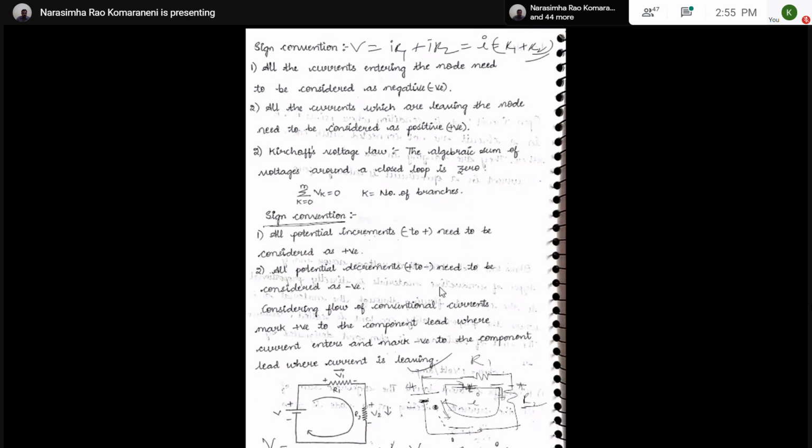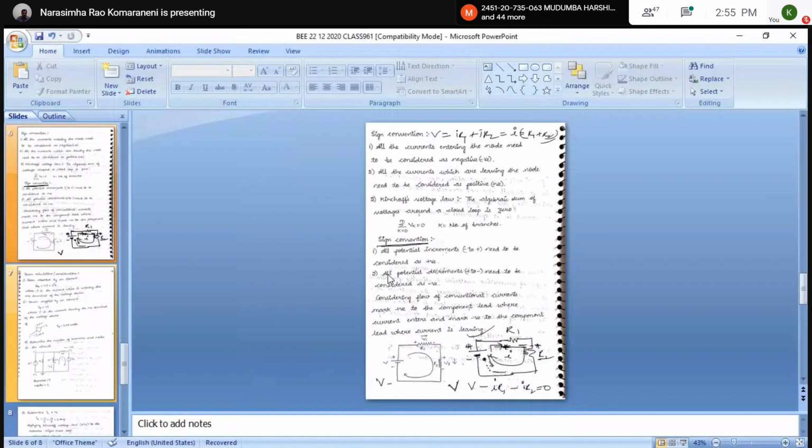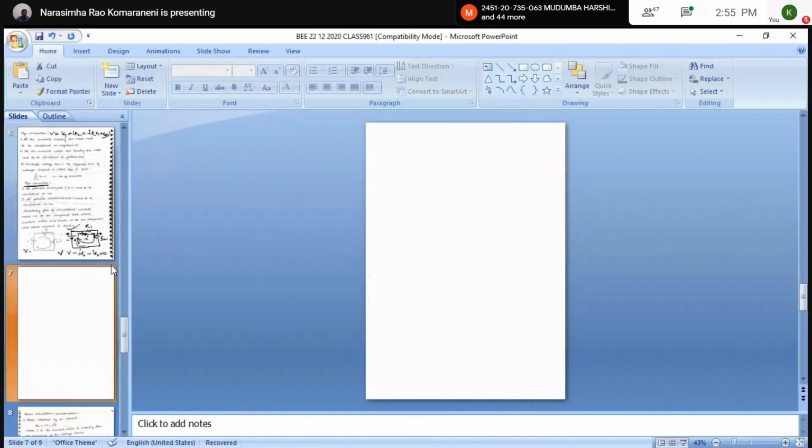We'll see one more. We'll take one more circuit diagram. R1, R2, R3.